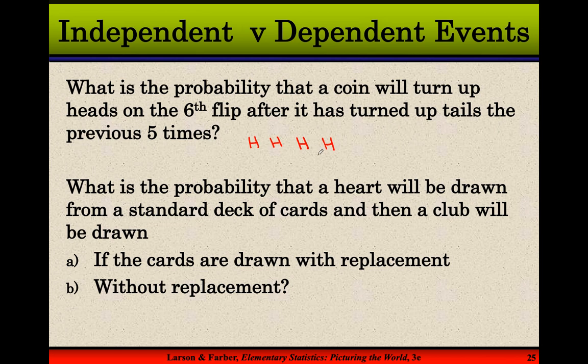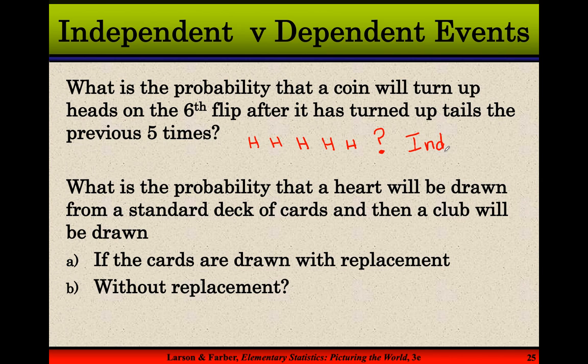The fact that I've gotten tails 5 times in a row doesn't have any bearing on what's going to happen the 6th time. So this example is an example of independent events. What happened the 6th time doesn't have anything to do with what happened the previous 5 times.